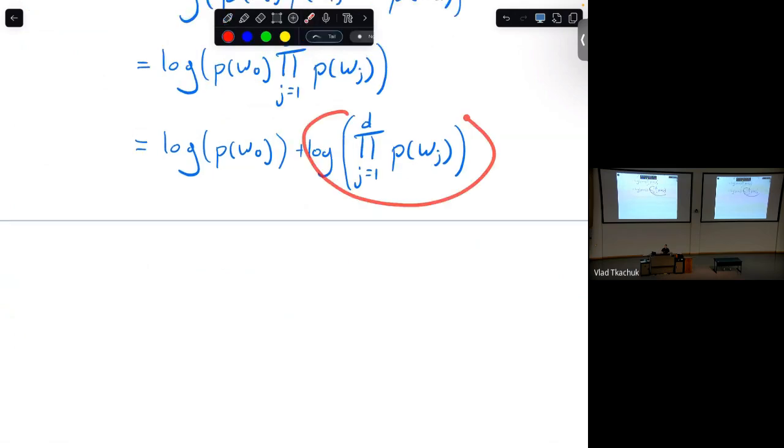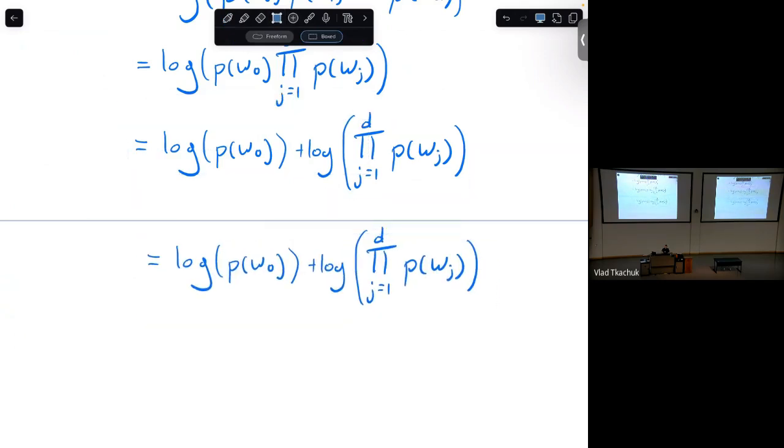This log of products becomes the sum of logs, right? And so this product changes to the sum, j equals 1 to D, of log of this.